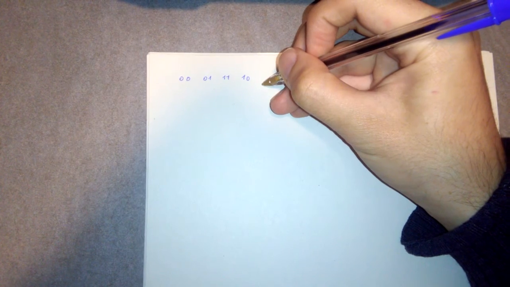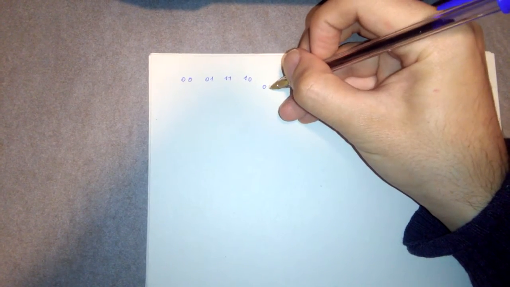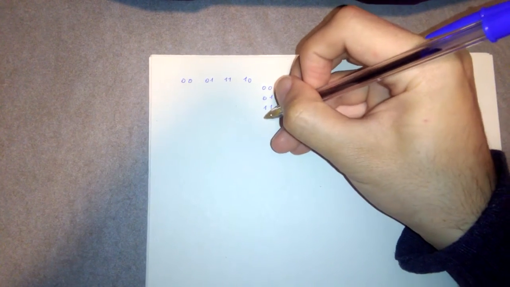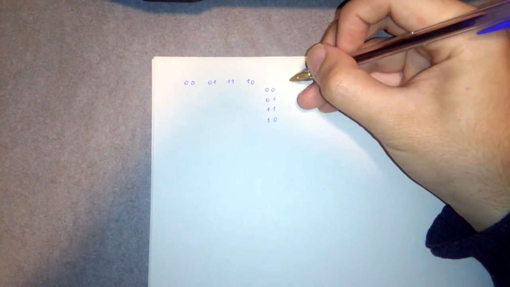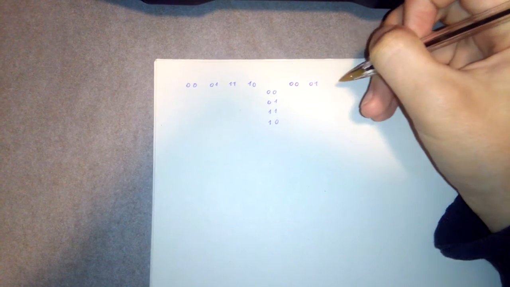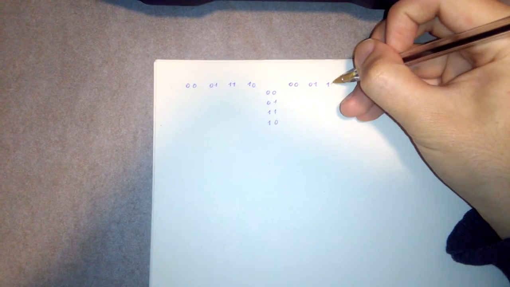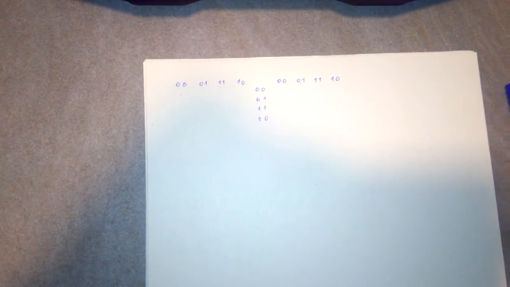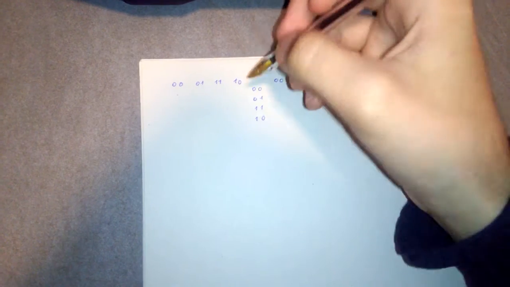And then here we have 0, 0, 0, 1, 1, 1, 1, 0. And here at the top we have 0, 0, 0, 1, 1, 1, 1, 0, and inside here we do have our values.